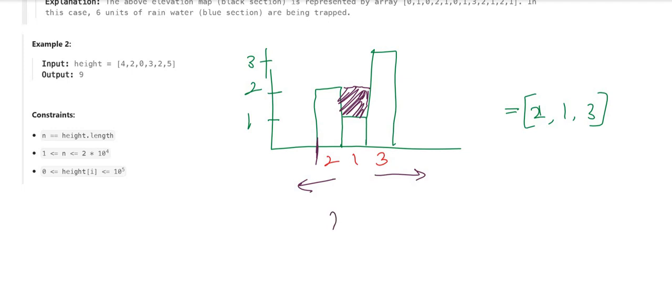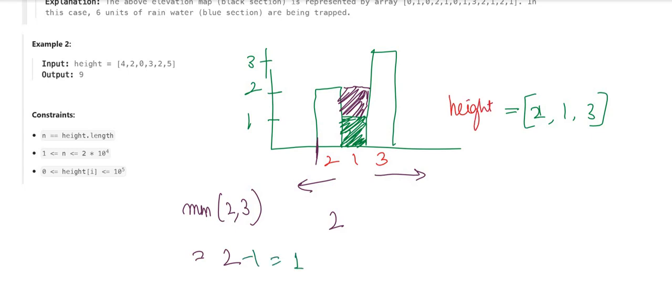For example, the maximum height towards the left is 2, the maximum towards the right is 3. So the minimum of them is 2. Then I have to subtract the height that I have, because this is a blockage. I cannot store any water there, so I have to subtract the value of the height array. So the water I can store here is 1.